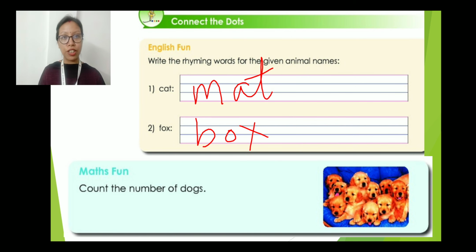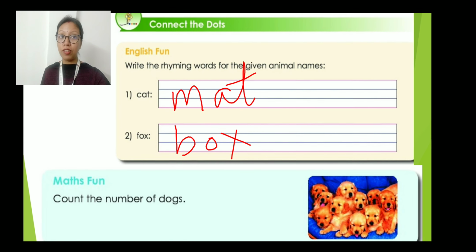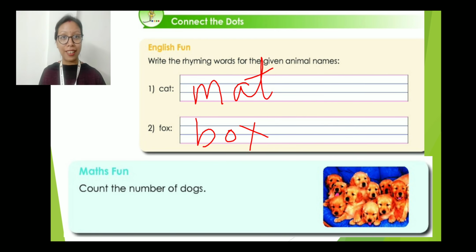Now the next question we have is the maths fun. Count the number of dogs. Here, as you can see, there are many dogs. Now what you have to do is count how many dogs there are, and I'm going to share the correct number of dogs in the Google Classroom. Till then, this is your homework. Do it on your own.